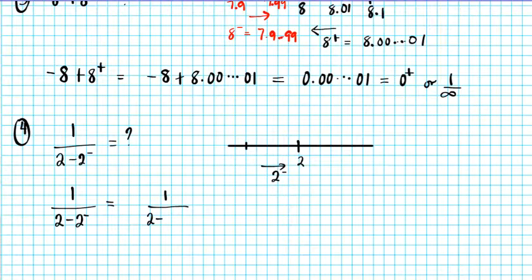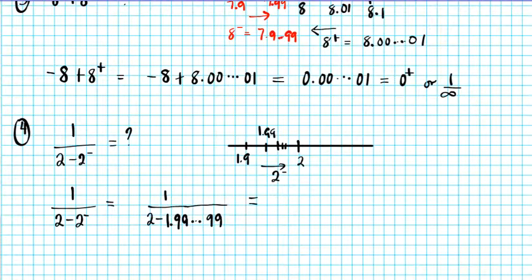Okay? So from the left, you have 1.9, you have 1.99, and you keep having more nines as you get close to 2 from the left. So 2 from the left is 1.99, infinite number of nines, 99.